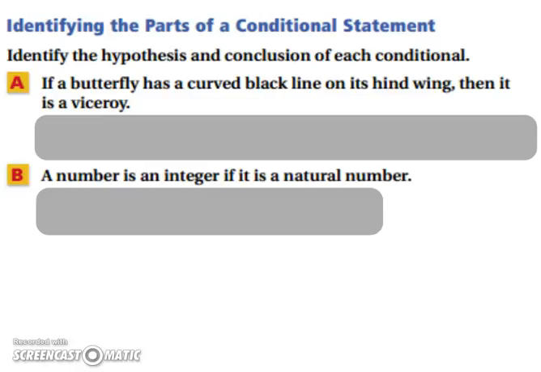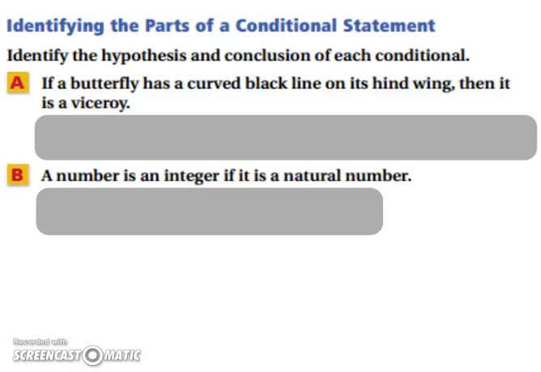Let's identify the parts of a conditional statement. We're going to identify the hypothesis and conclusion for each of these conditional statements. If a butterfly has a curved black line on its hind wing, then it is a viceroy.